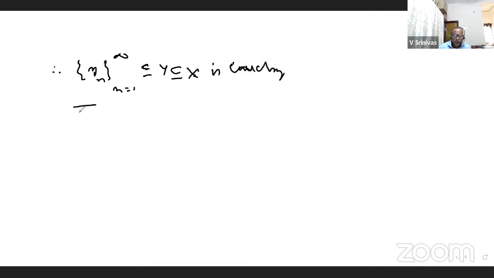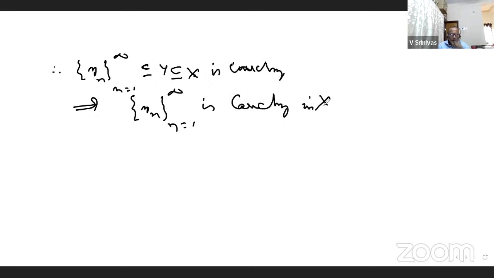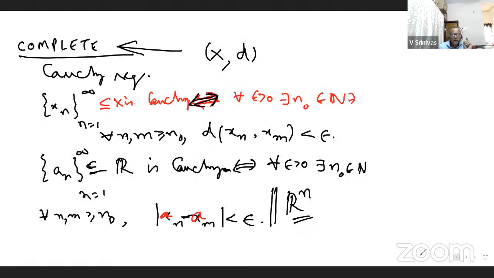So we have that Yn, where n equals 1 to infinity, is Cauchy in capital X. So we have a Cauchy sequence in capital X, and capital X is complete. In the beginning, we have shown capital X is complete.